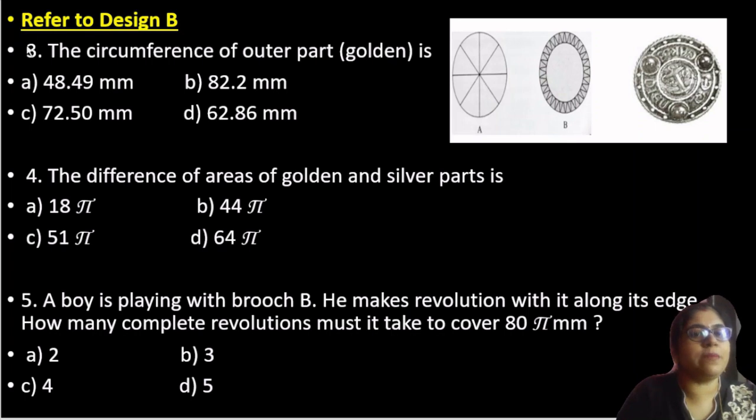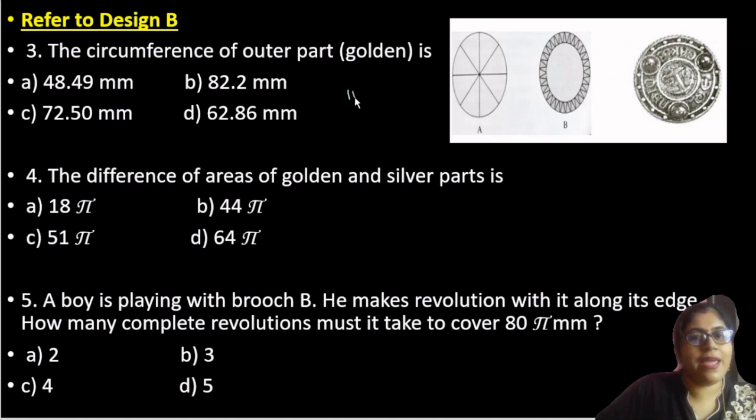Now, questions number 3, 4, 5. These questions are based on our design too. Outer side is gold and inner side is silver. The inner circumference is 44 centimeter. So from that, first let's find out the inner radius.